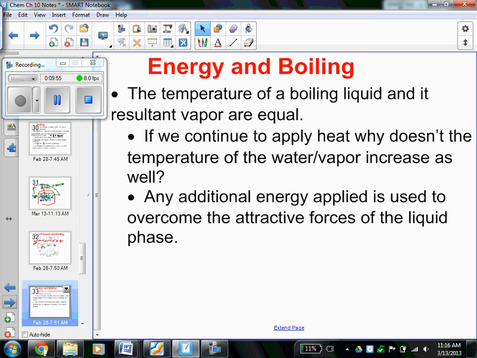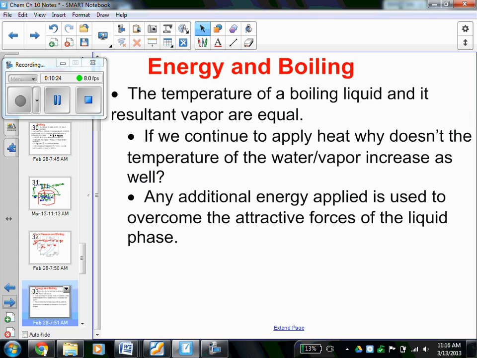Okay, the temperature of a boiling liquid and its resultant vapor pressure are equal. If we continue to apply heat, why doesn't the temperature of the water vapor increase as well? Okay, have you ever wondered that? Why water boils at 100 degrees and never gets any hotter, like in your kitchen? And the answer is this. Any additional energy that's applied, in other words, you keep heating it up, is used to break the attractive forces of the liquid phase.